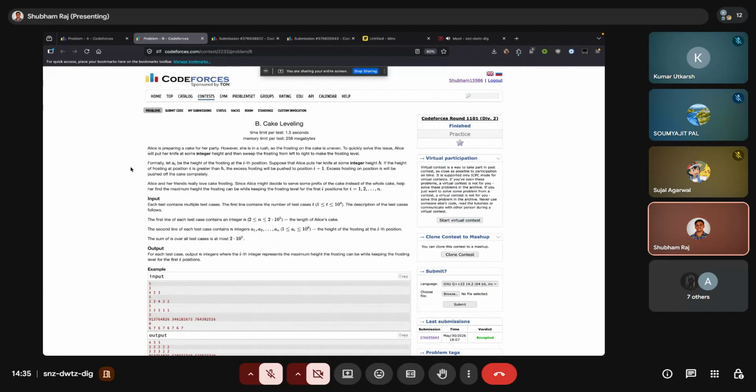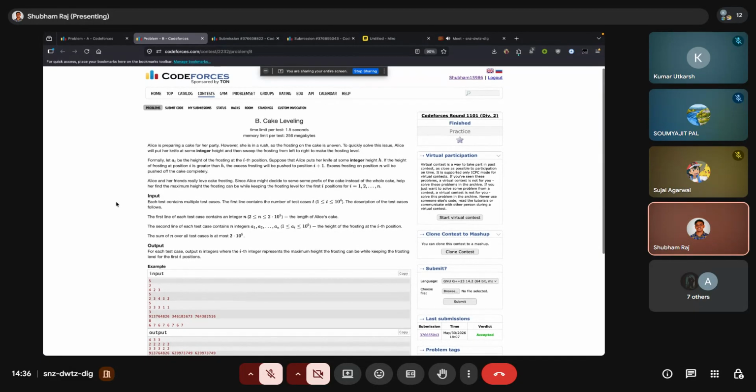Cake leveling. Alice is preparing a cake for her party. However, she is in a rush, so the frosting on the cake is uneven. To quickly solve this issue, Alice will put her knife at some integer height and then sweep the frosting from left to right to make the frosting level.